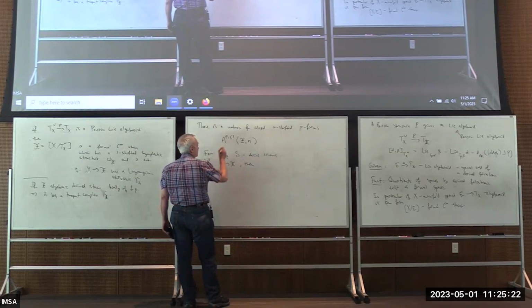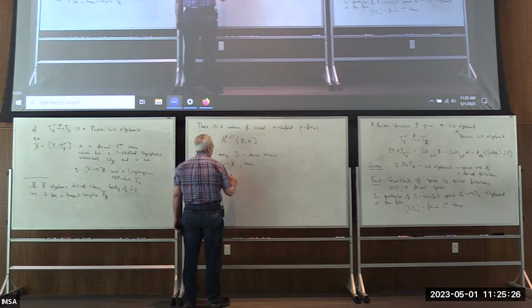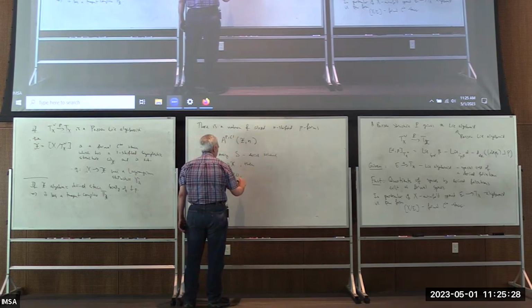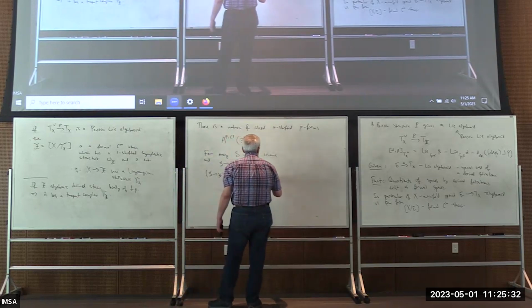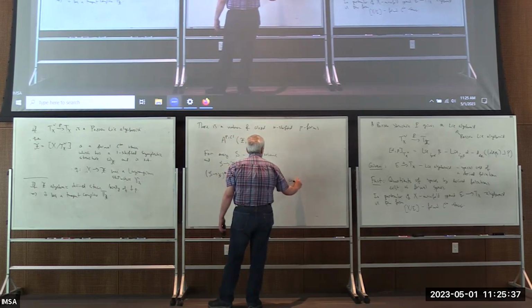So if you try to test what the forms are on that, these are degree n cocycles in the total complex.